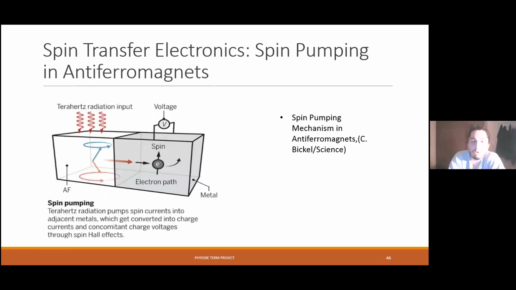About spin pumping, it's also possible to achieve spin pumping with antiferromagnets. Terahertz radiation pumps spin currents into adjacent metals, which get converted into charge currents and concomitant charge voltages through the spin Hall effects. And they also trigger each other. So it's also possible to obtain spin pumping by antiferromagnets.